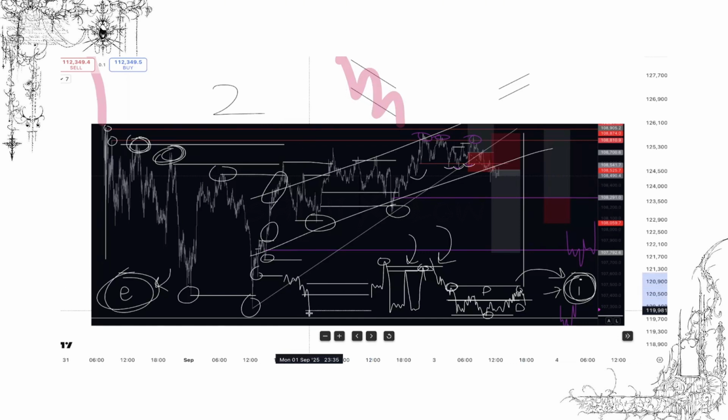So in a discount of a range, you have the leeway of trapped traders. Let's just assume that there's a lot of people that shorted here, a lot of people that shorted here. Now that price is above their entry and still in discount, that means they're in a loss.